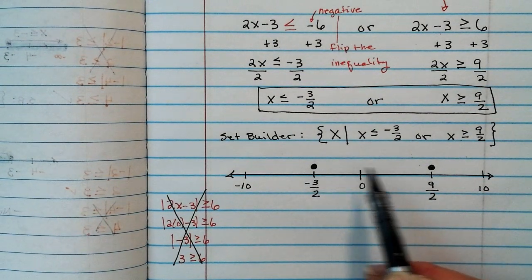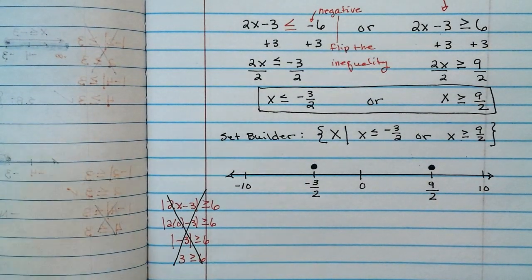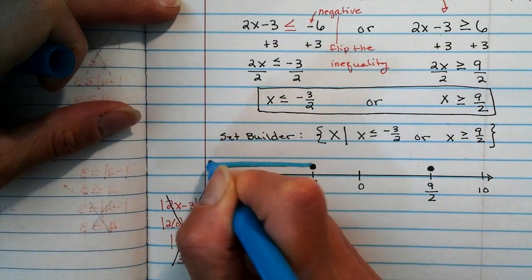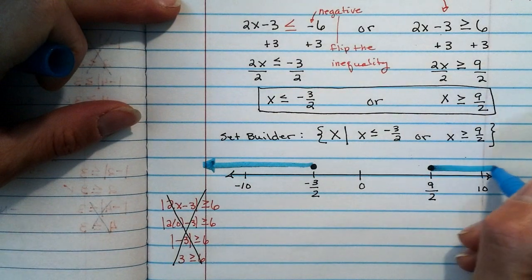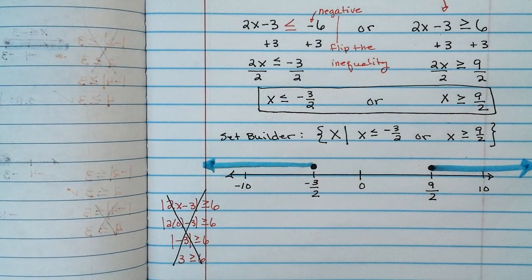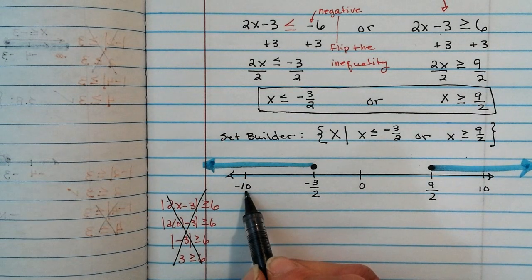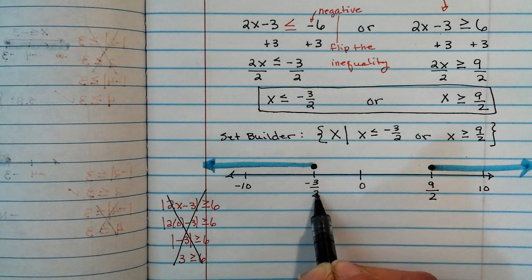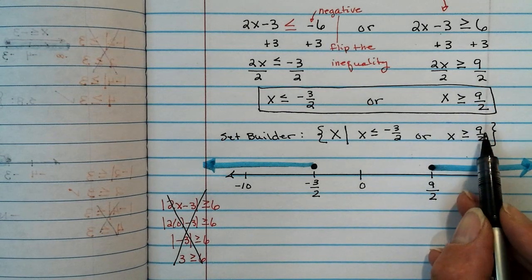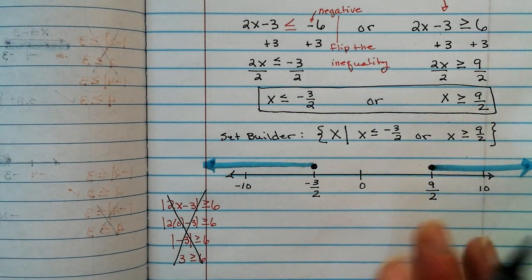That's in the middle, so anything in the middle will not work. That means then that our answer goes out to the sides, okay? Which makes sense because -10 is smaller than -3/2, is what this is saying, and 10 is bigger than 9/2, which is what this is saying.